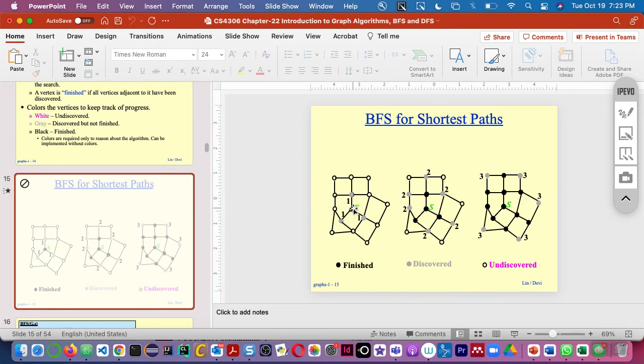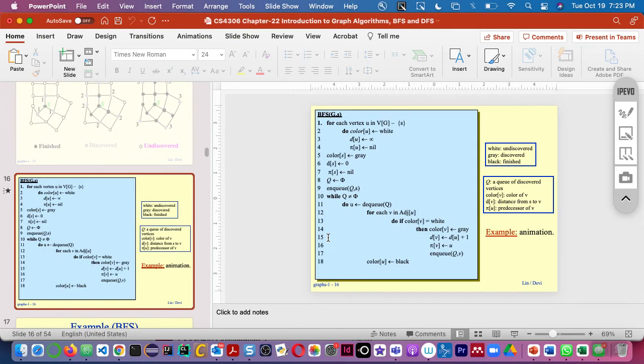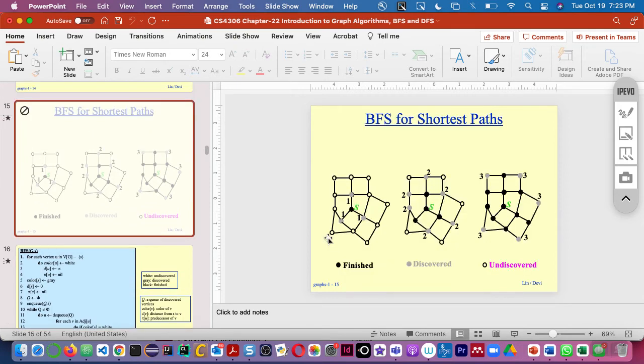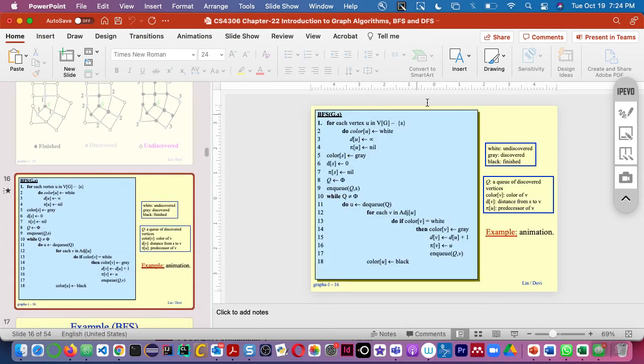For instance, if you start from S, the starting point or source, then you see that these are black. That means you need to cover first these adjacency edges. Then you go along any edge, then you cover that node's adjacency edges. This is the way. So please go through these slides. And then here we have the algorithm.